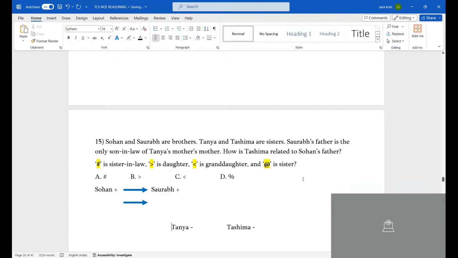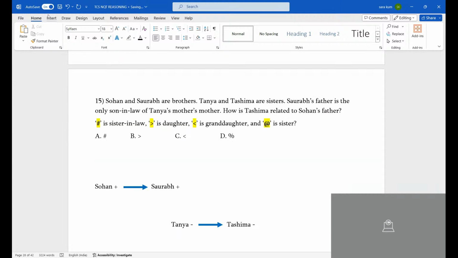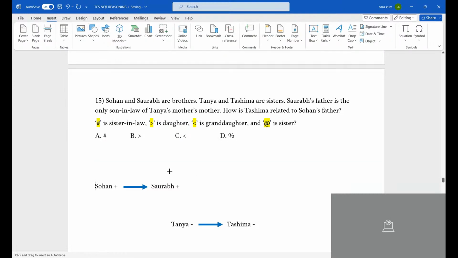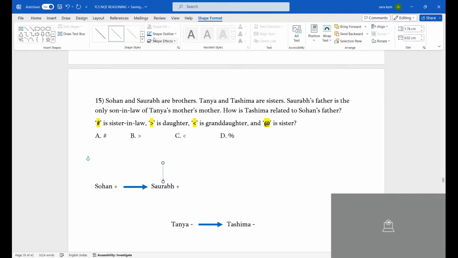They say Saurav's father is the only son-in-law of Tanya's mother's mother. So first we should have Saurav's father here. Let's bring Saurav's father into the picture. This is Saurav's father.